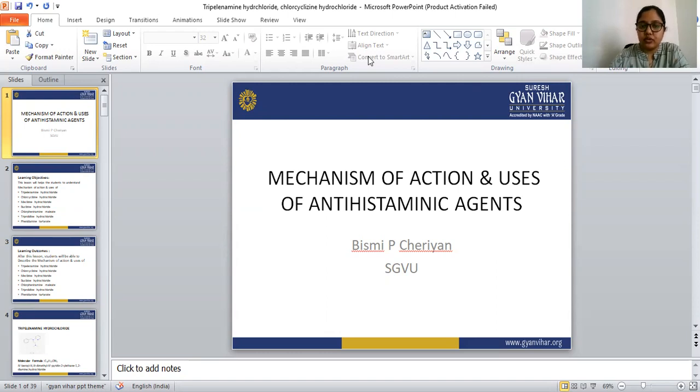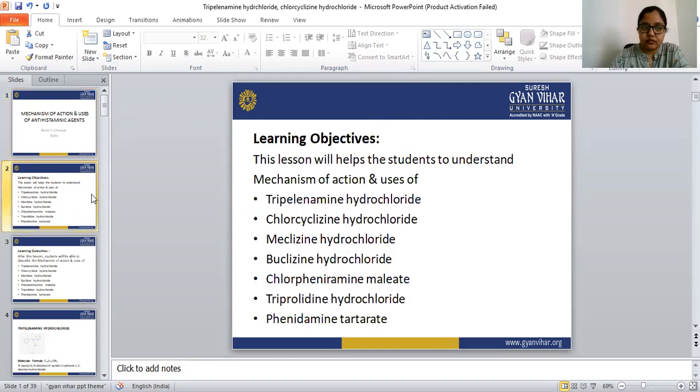So today we are going to discuss the mechanism of action and the uses of the antihistaminic agents. The learning objectives are: this lesson will help the students to understand the mechanism of action and uses of these drugs.